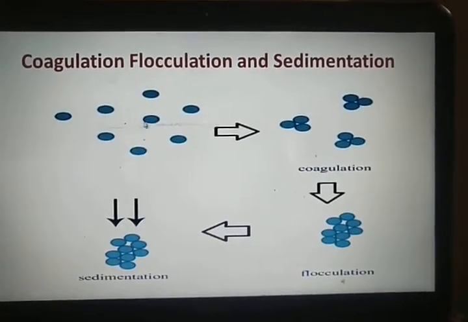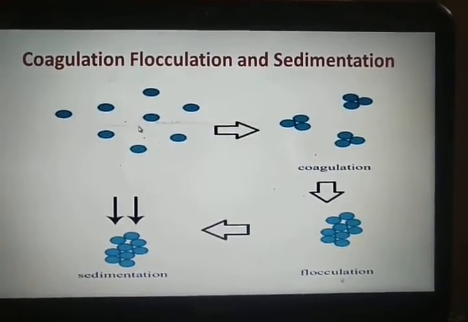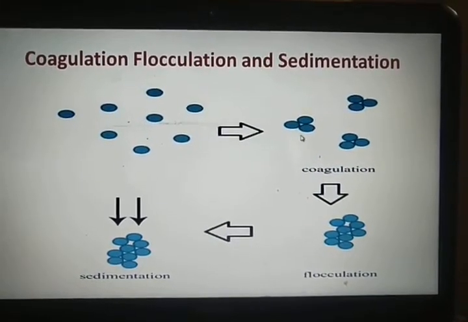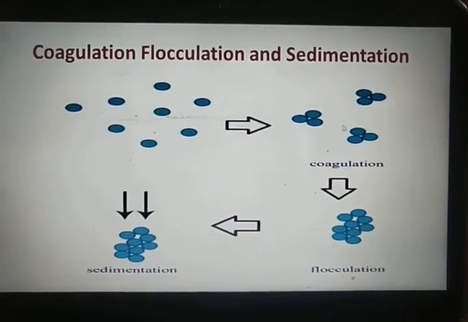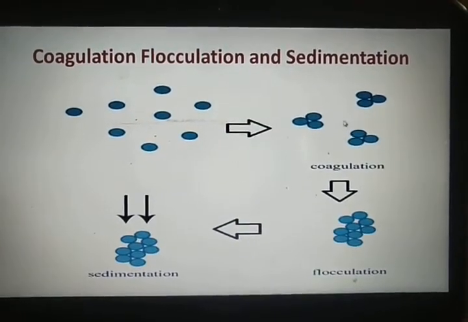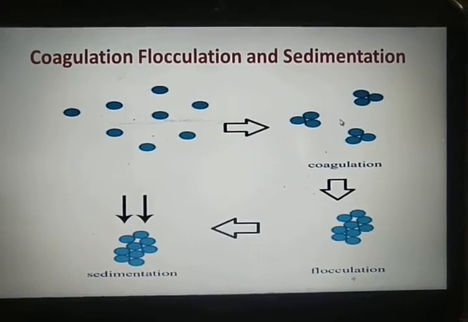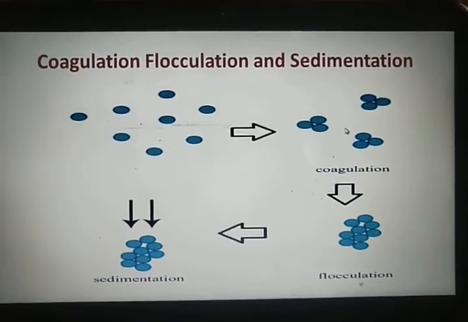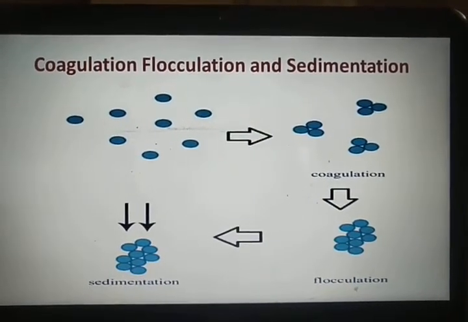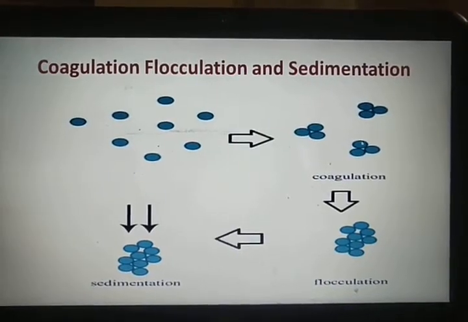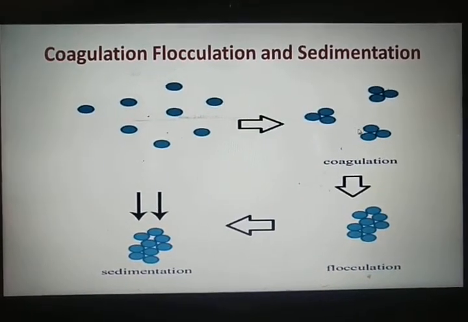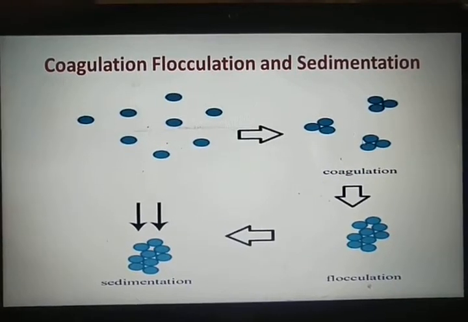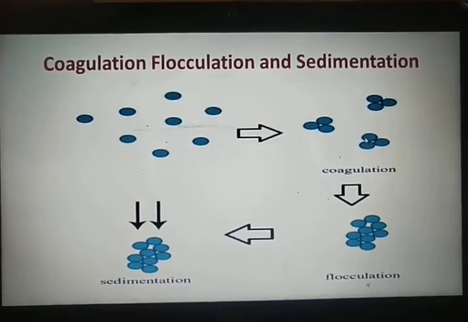So we are concerned with the treatment of water. Then these particles will come in contact with each other due to different types of forces. It could be due to the attraction of intermolecular forces, or due to the bundling up of particles with each other because of charge neutralization, or charge attraction, or due to the formation of a double layer, etc.